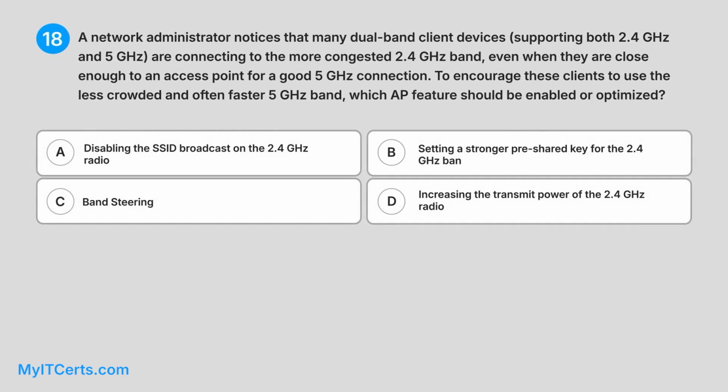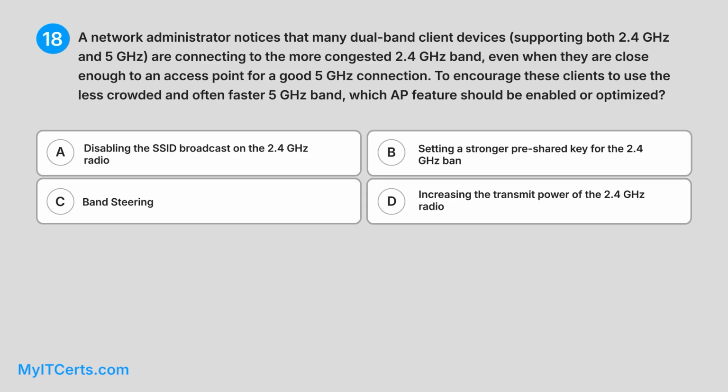18. A network administrator notices that many dual-band client devices, supporting both 2.4 GHz and 5 GHz, are connecting to the more congested 2.4 GHz band, even when they are close enough to an access point for a good 5 GHz connection. To encourage these clients to use the less crowded and often faster 5 GHz band, which AP features should be enabled or optimized?